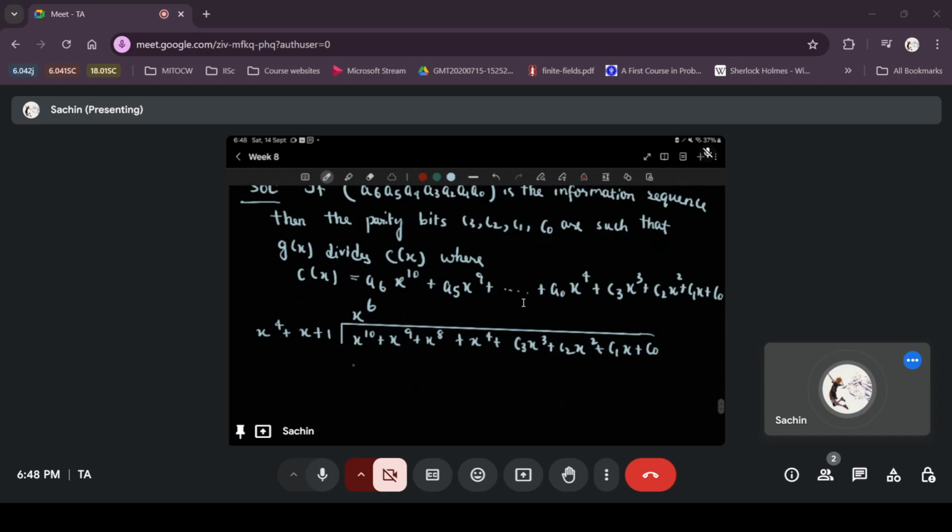x power 6 multiplied with x power 4 plus x plus 1 will give you x power 10 plus x power 7 plus x power 6.